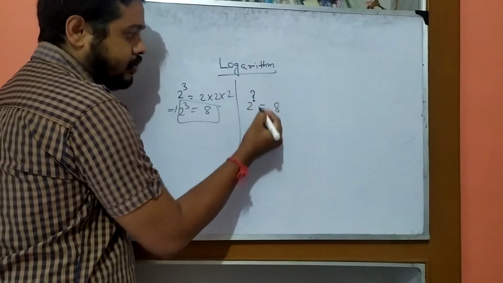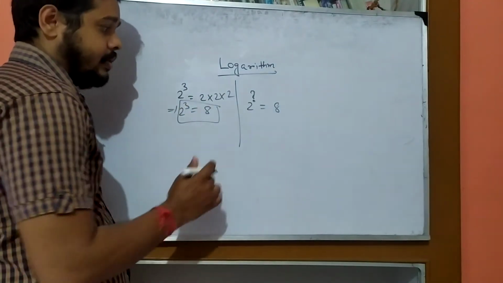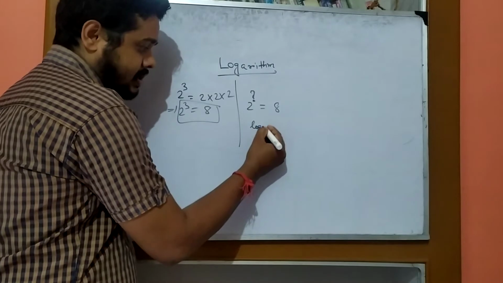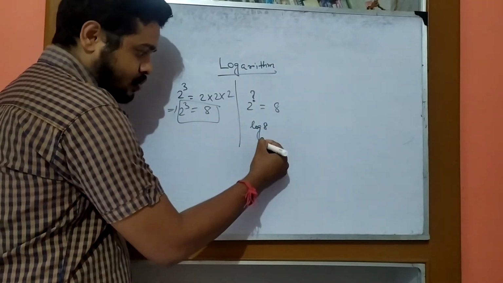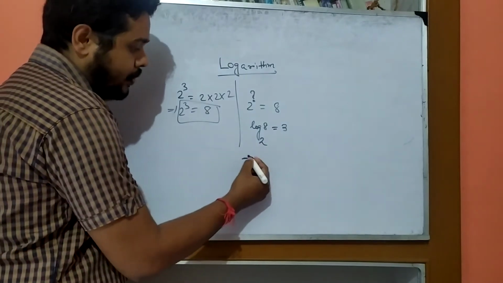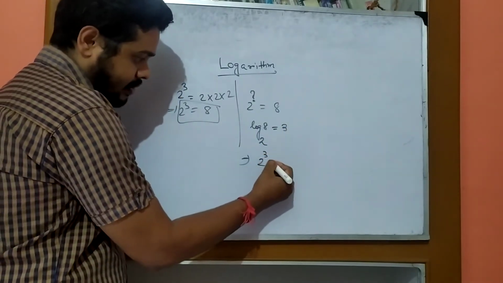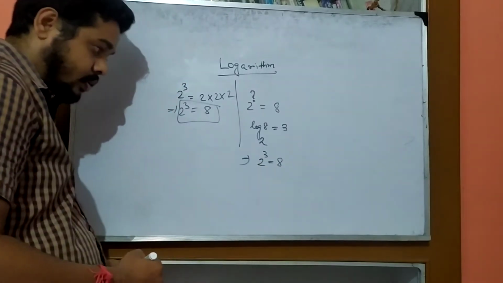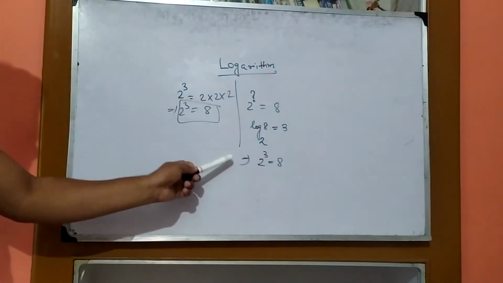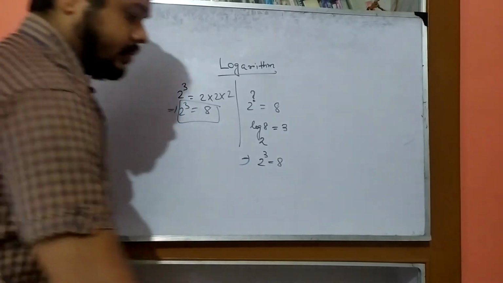That time we use the logarithm formula. That time we write logarithm 8 with base 2, and this gives us 3. Or we can say 2 to the power 3 equals 8. That is the main law, or the definition of logarithm.